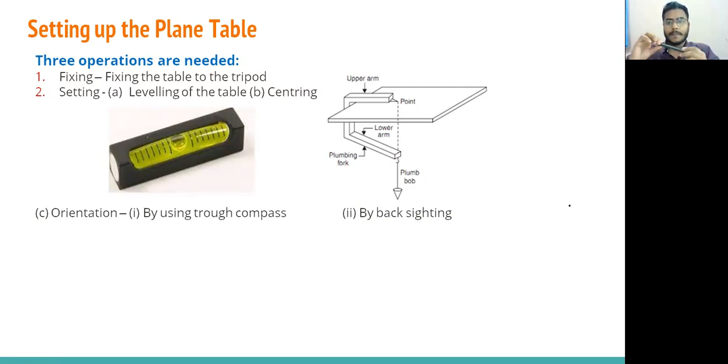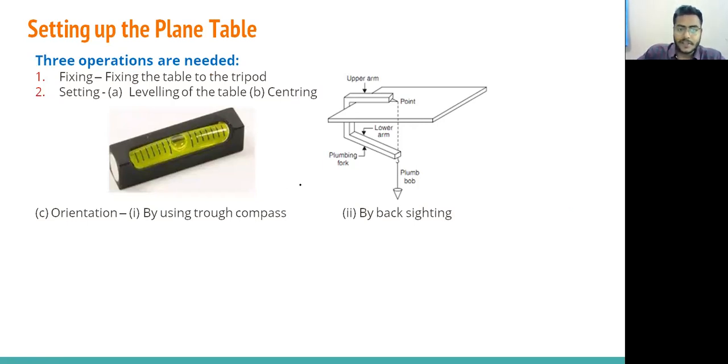If we want to fix it in a particular direction, that is called orientation. It is how much angle we have to rotate and how we will rotate. Whatever line is on the ground, it should be parallel on the sheet. That is called orientation.